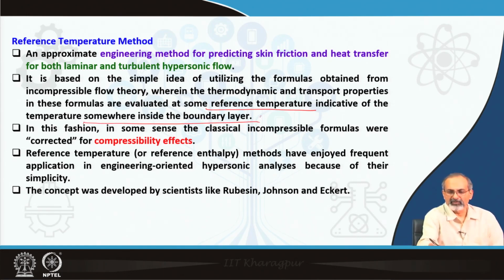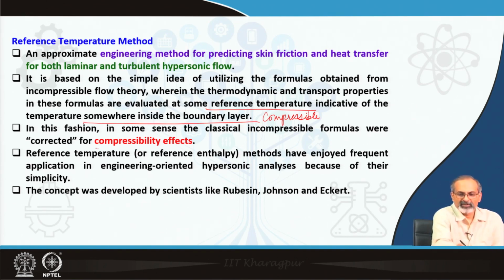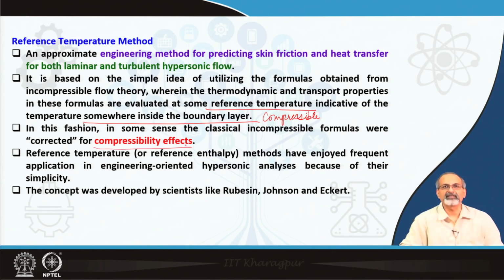And since we are dealing with compressible boundary layers, you are aware that such boundary layers often see a very wide variation of temperature. In this fashion, in some sense, the classical incompressible formulas are corrected for their compressibility effects through this reference temperature method.